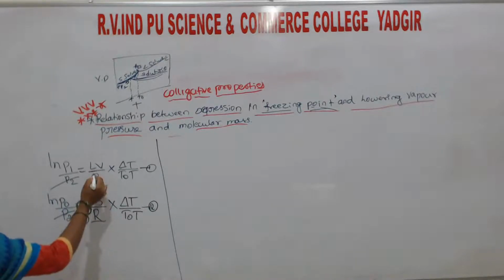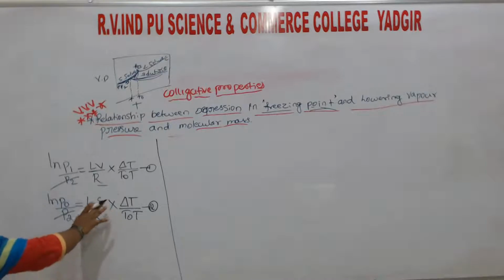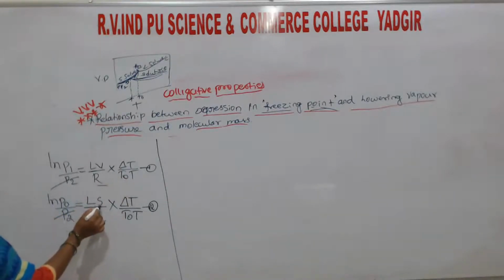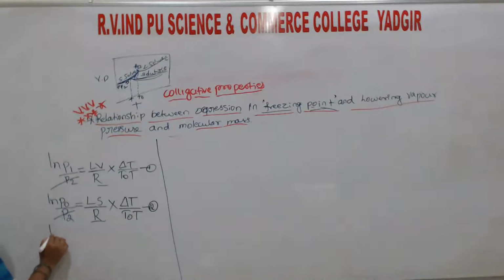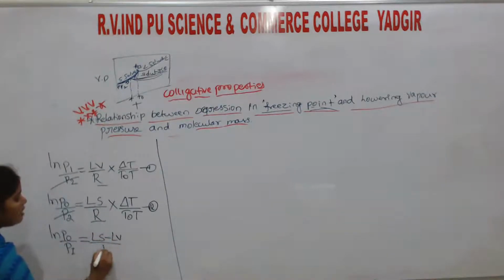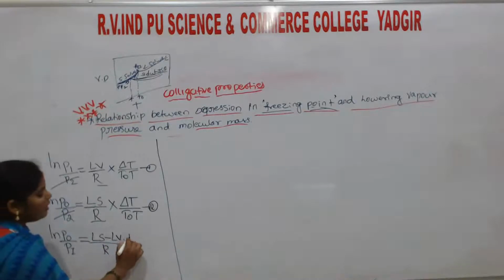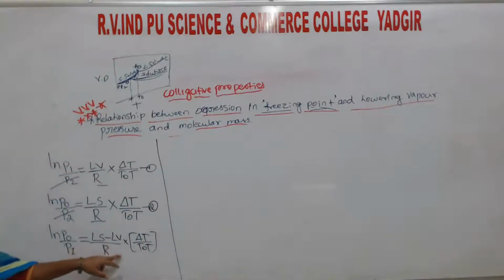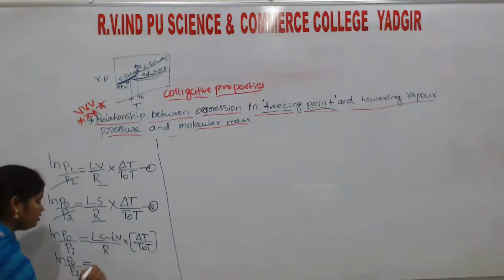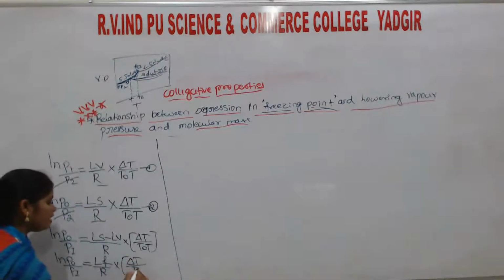R is the same, so we get Ls minus Lb divided by R into delta T divided by T naught into T. Right? ln of P naught divided by P1 is equal to Ls minus Lb divided by R into delta T divided by T naught into T.